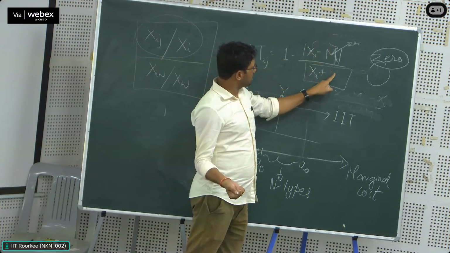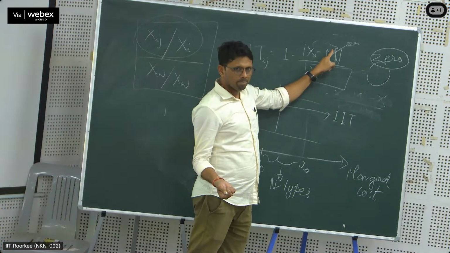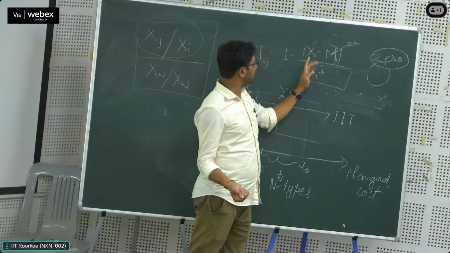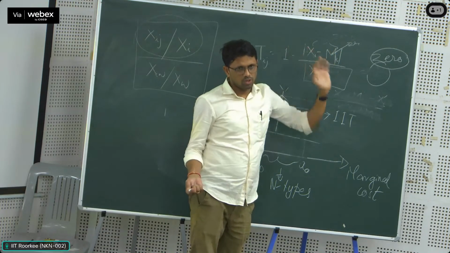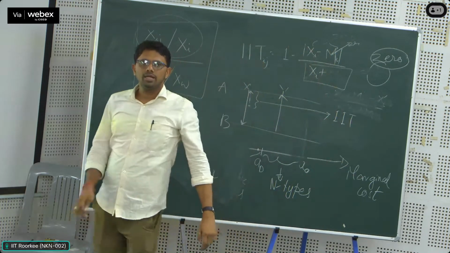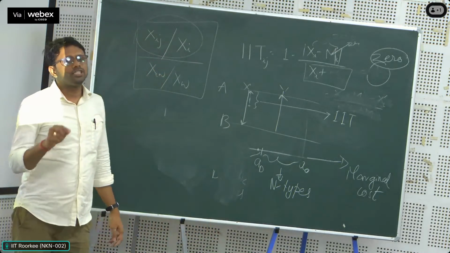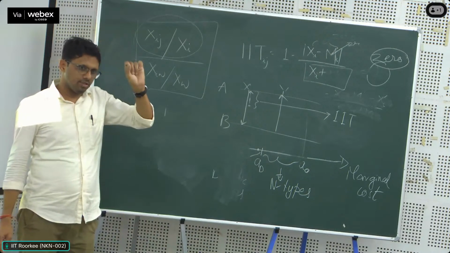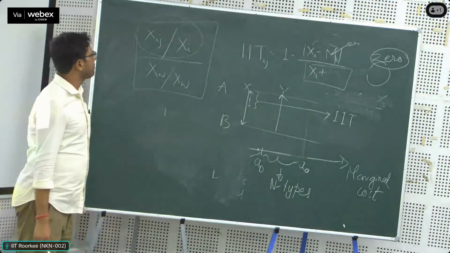So no import means this is 0. So xi divided by xi equal to 1, 1 minus 1 equal to 0. So this proves the fact that there is actually zero intra-industry trade, as per our argument. There is no intra-industry trade.